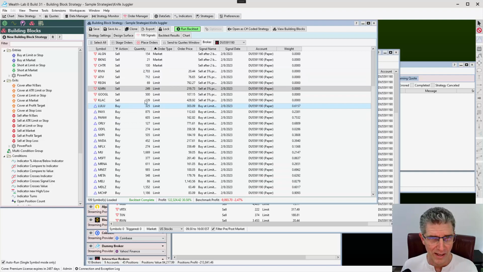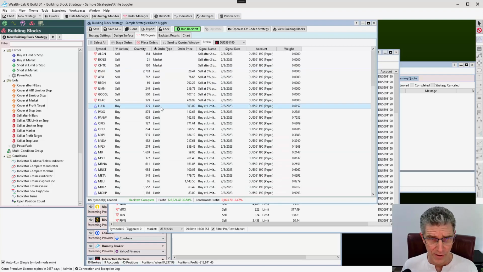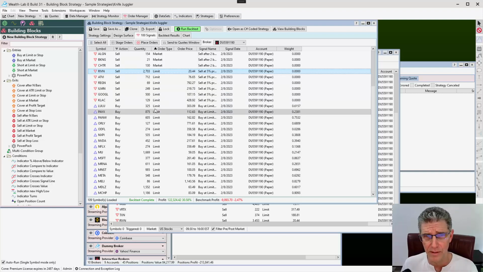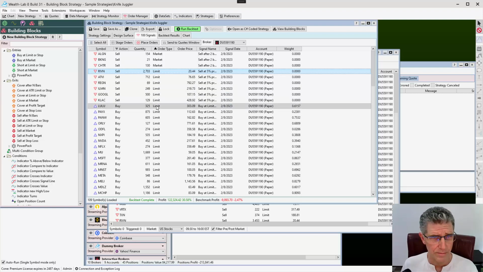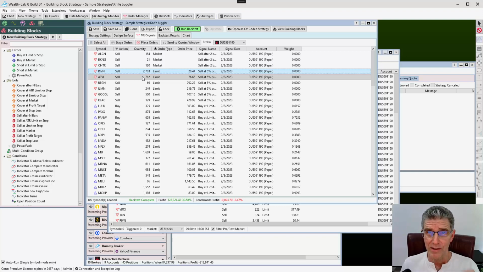So you'll notice that there aren't any NSF positions anymore because we're not tracking them. And the strategy now has, it looks like 8 or 9 exit orders, and the rest, since there's 100 signals, there's 90 or 91, however many there are, entry orders today. So in this case, you can see the big difference.